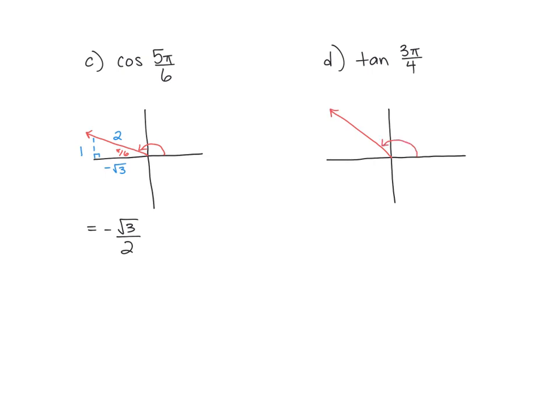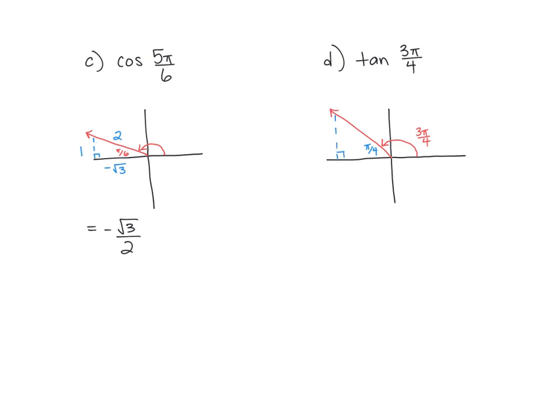So this angle here is 3 pi by 4, which means I can use my related acute angle of pi by 4 and create my triangle.